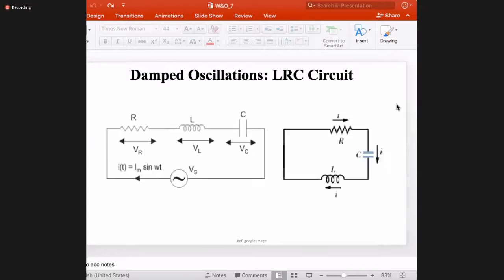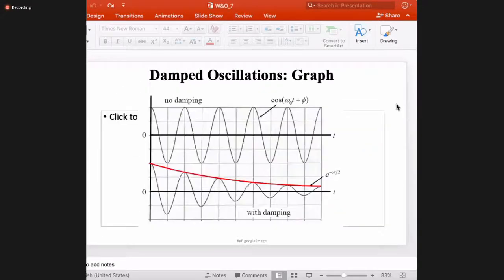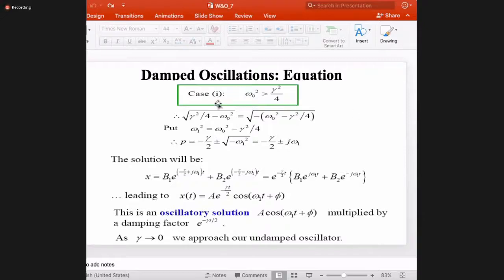I think roll number 30, you were present in my previous class, and there we already discussed case one, the oscillatory solution, where omega naught square is greater than gamma square by 4. In that case we can write our solution like this: A e to the power minus gamma t by 2 cos omega 1 t. And in the case of the LRC circuit, we have specific values of gamma and omega 1.